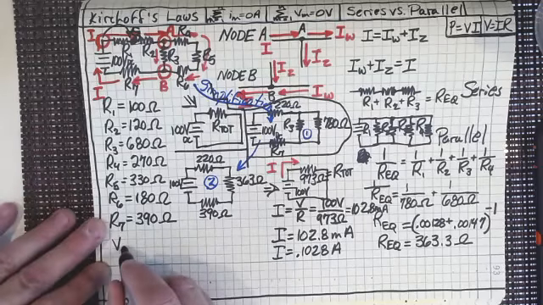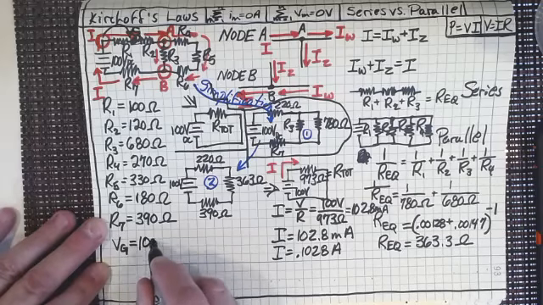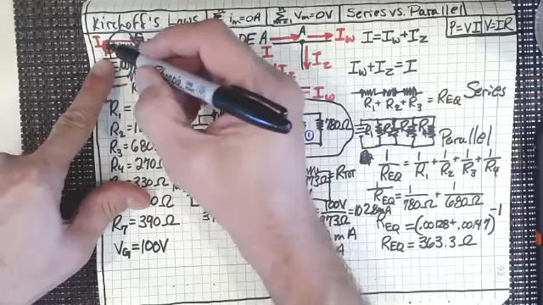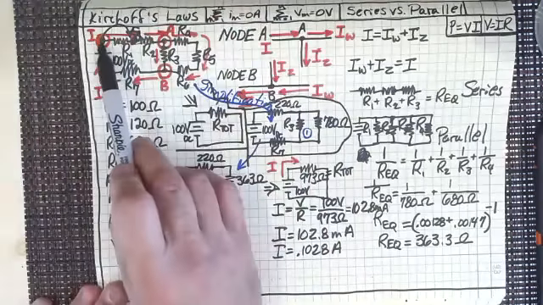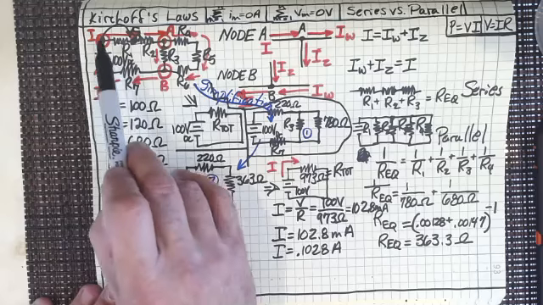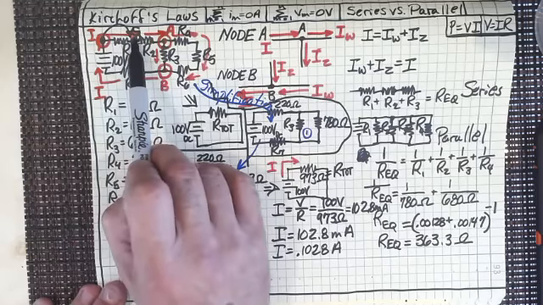Now at spot G, what is the voltage? The voltage at G equals 100 volts, right? Isn't that what it is on this side up there? That's right. It's 100 volts on this side because it's coming right out of the 100 volt source. So I've got 100 volts here, but what's the voltage here? I don't know.